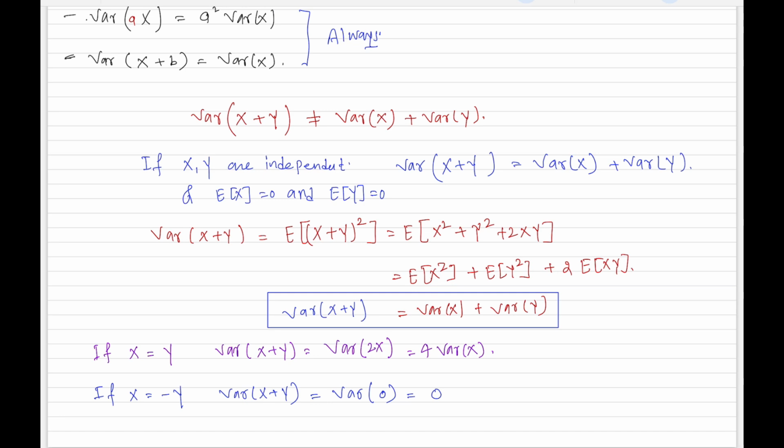So if you see, the key point to observe here is that even if you know the individual variances of these random variables, it is not sufficient to find the variance of their sum. Why? Because you will also have to know how these random variables are related to each other. Depending on how they are interrelated, we have this variance or that variance. So even if you know the individual variances of each random variable, it is not sufficient to find the variance of the sum.